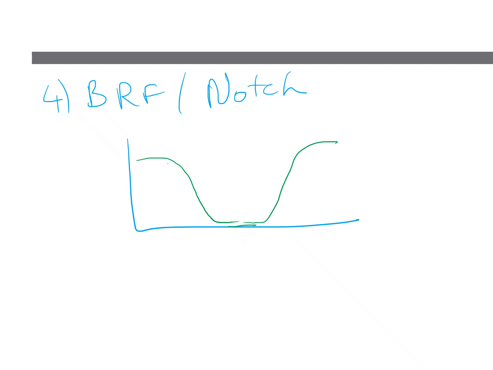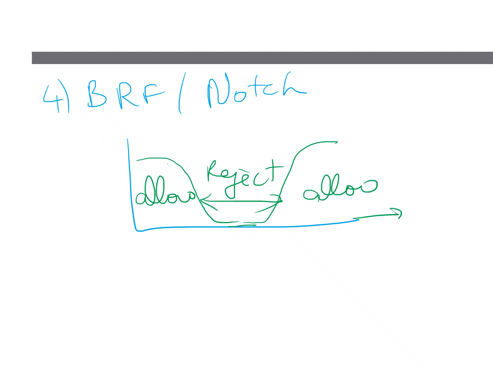This range of frequency is rejected, and this range of frequency is allowed by the band reject filter. So these are the four frequency responses of the types of filters.